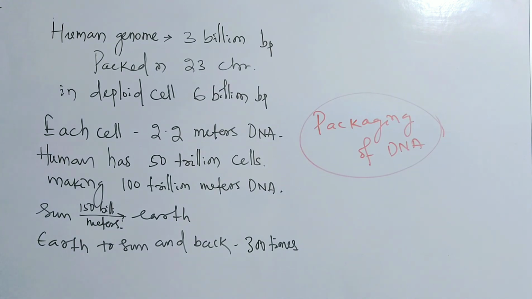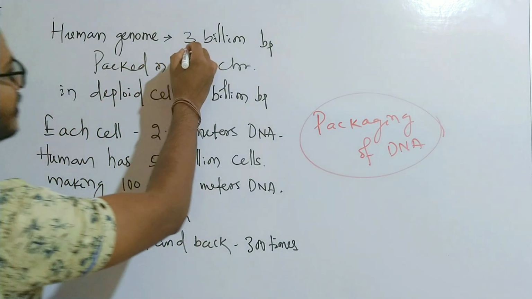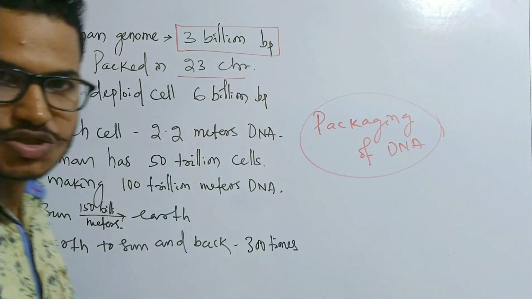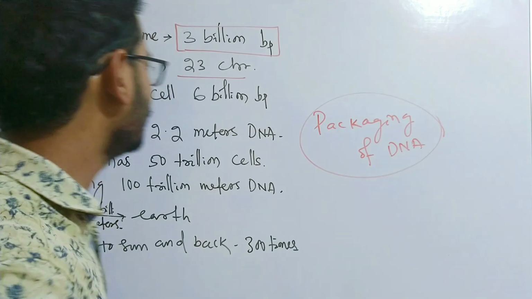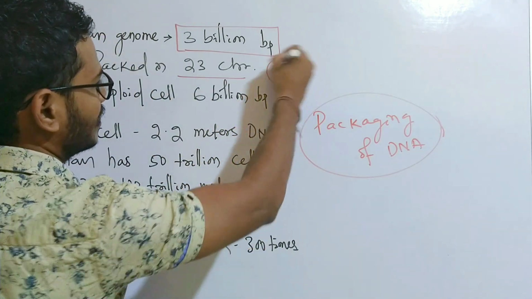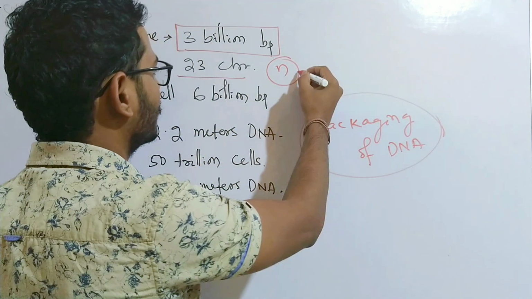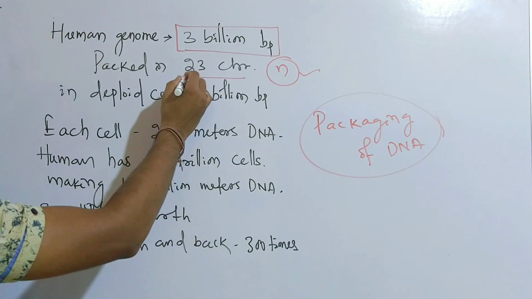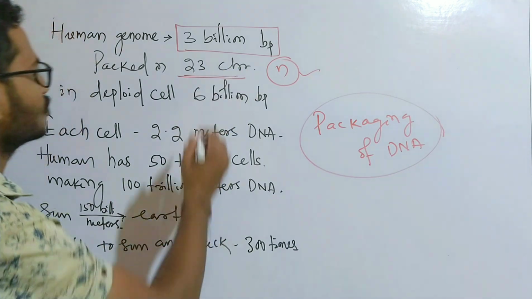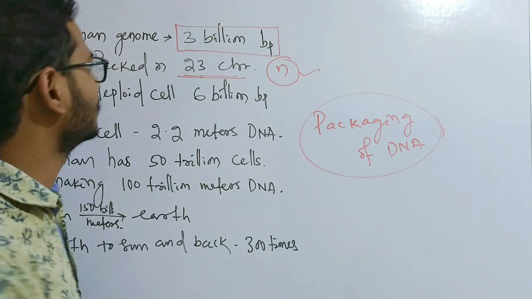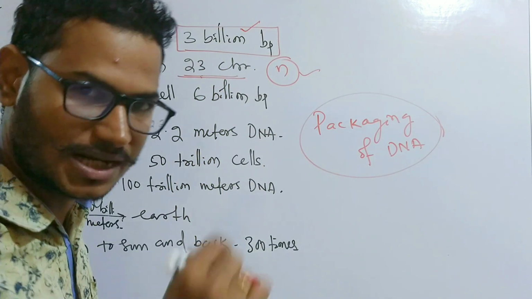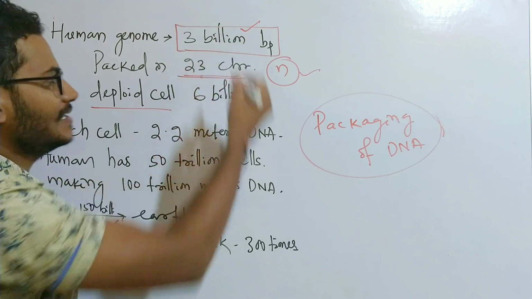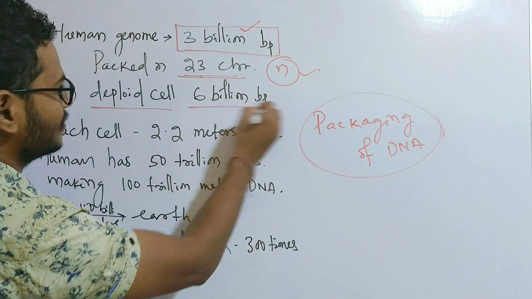The human genome has 3 billion base pairs packed in 23 chromosomes. We know the genome means the total number of genes in n number of chromosomes. So in a haploid cell, in n number of chromosomes, there are 23 chromosomes, and inside these 23 chromosomes there are 3 billion base pairs. We are talking about human beings. In a diploid cell we have twice the number, that is 6 billion base pairs.